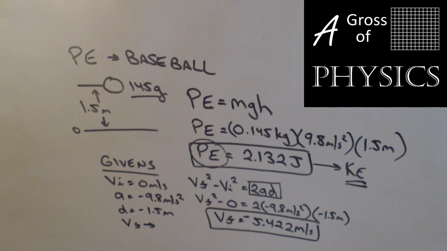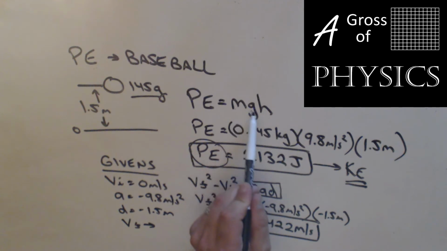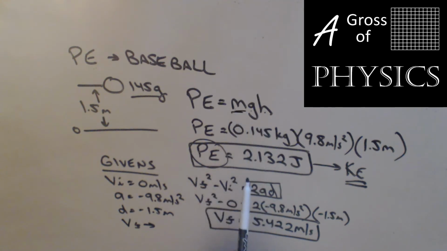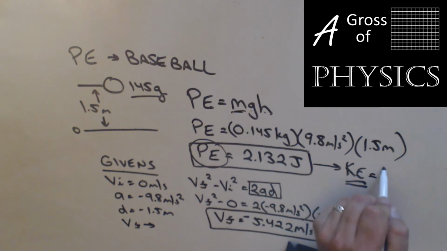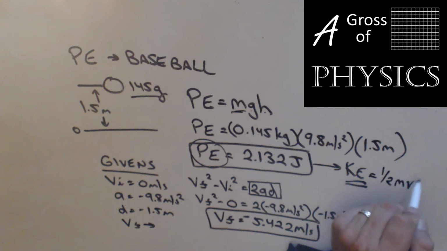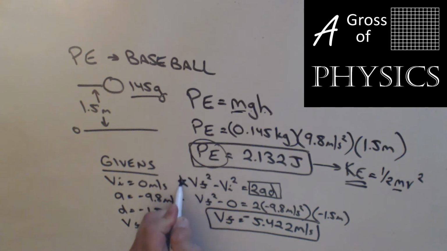And the reason there's no mass anywhere is because potential energy has an mgh, so it's got a mass term. And you remember kinetic energy? 1/2 mv squared. So those masses are going to cancel. So it looks like equation 5 might very well be potential energy and kinetic energy combined without masses. We'll have to wait and see.